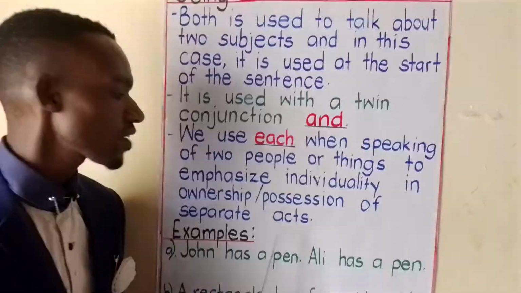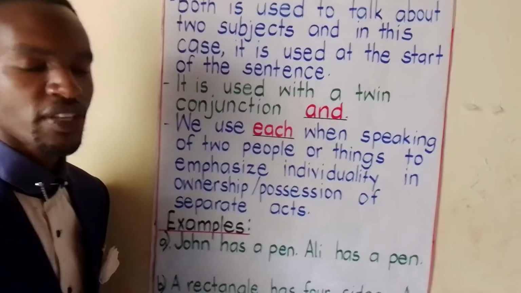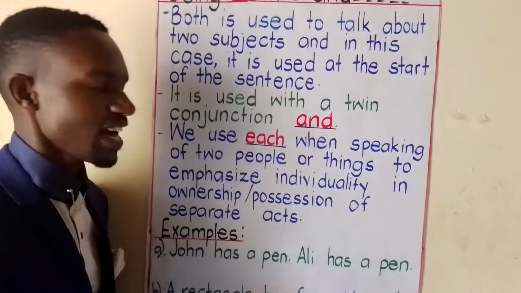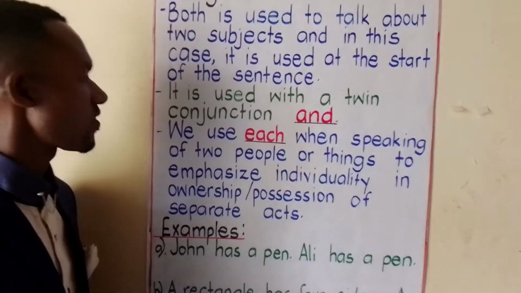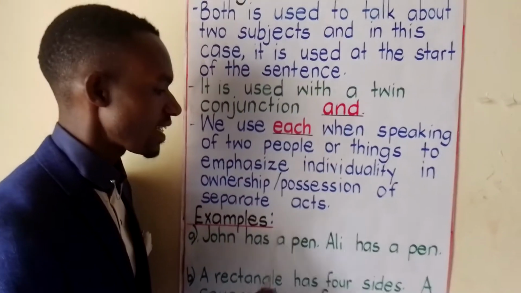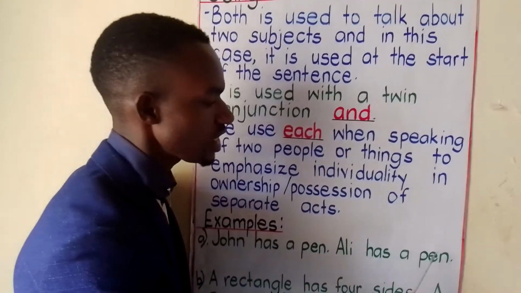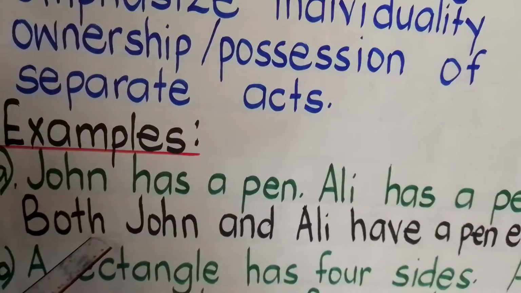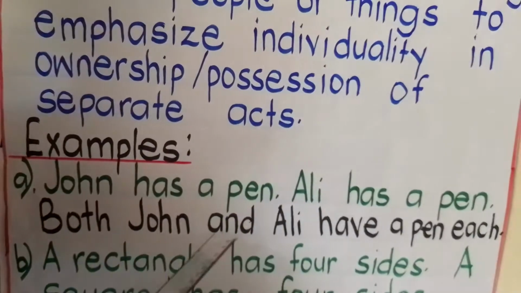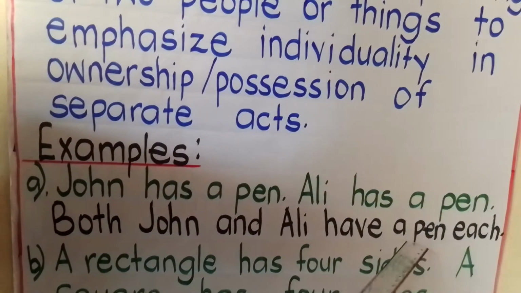Why do we use each? We want to show that John has his own pen and Harry has his own pen. Therefore, our sentence will look like: Both John and Harry have a pen each.